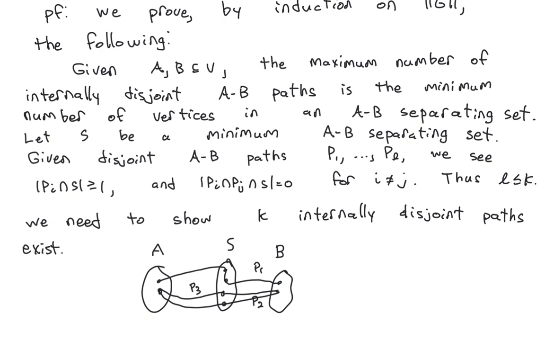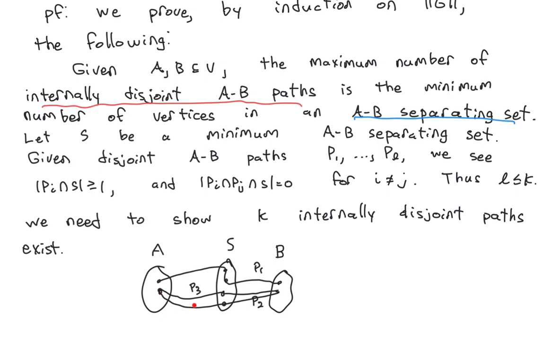Note that neither of these terms have been defined, but they can be defined similarly to how we defined the terms in the case of an xy separating set. Namely, when we're saying internally disjoint AB paths, we're talking about paths that outside of A and B are disjoint.